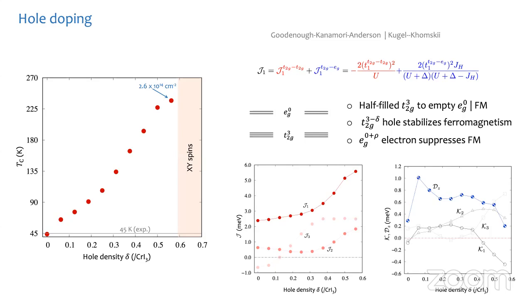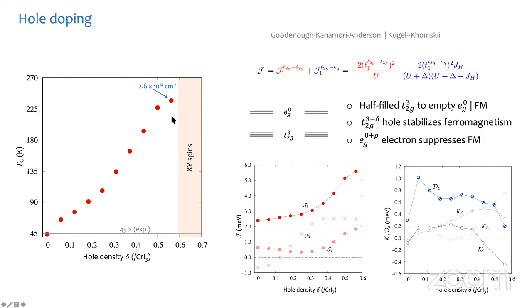Now it would be interesting to see whether we can manipulate the Tc by some means, and we find that doping holes into this CrI3 is a very effective way to manipulate your Tc. Only about 0.5 holes per formula unit increases the Tc five-fold, from 45 Kelvin to around 230 Kelvin.